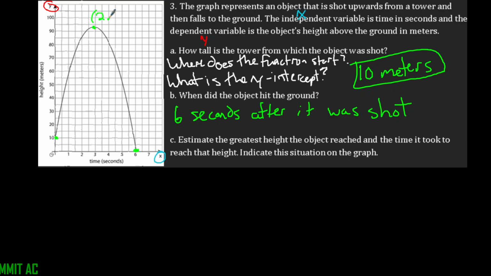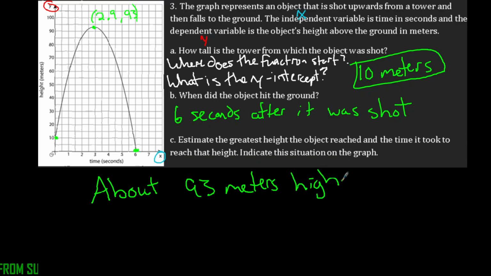It's going to be the point 2.9, comma 93. And what does that mean for our situation? Well, that just means it's going to be about 93 meters high at 2.9 seconds.